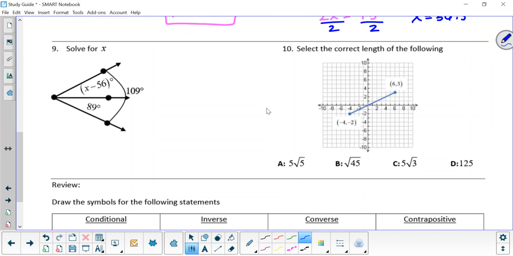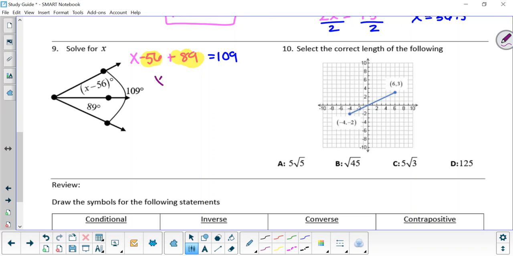All right, question 9. We have a big part. So we don't have any swoops, but we do have the whole angle. So that means the whole thing is equal to 109. So now I have to use my inside parts. So I would say x minus 56 plus 89 equals 109. Now if I combine my like terms, I have a negative 56 plus 89.